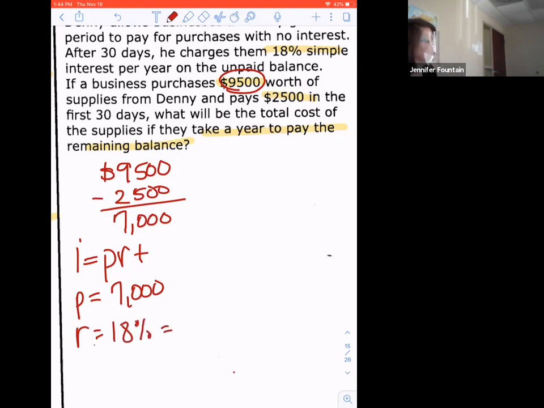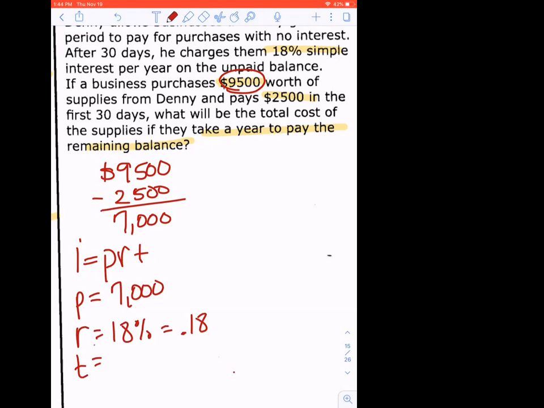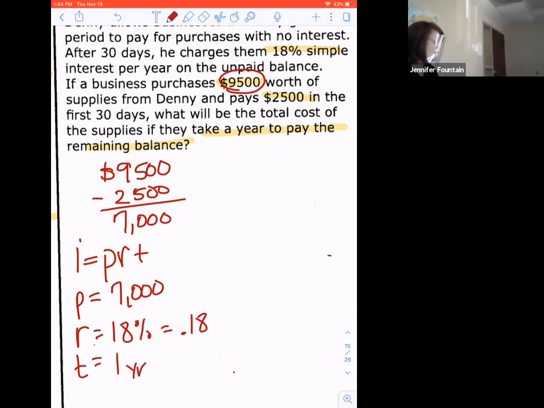What is that as a decimal? 1.8. Not 1.8. 0.18, yeah. Good. And what is the time? How long did they say they were going to take to pay it? A year. Yeah, a year, so 1 year. All right, so now really the hardest part of it is going ahead and identifying what is what. So the principal amount, or the amount that they're going to be paying on, is $7,000 at an 18% rate for 1 year.